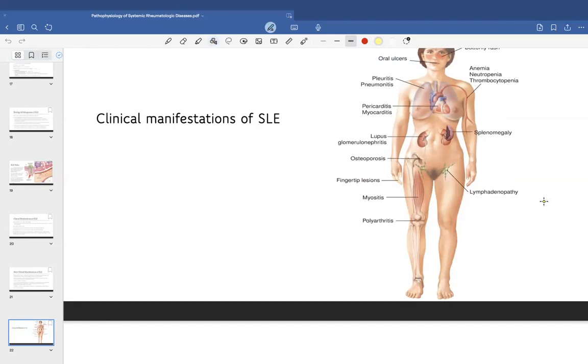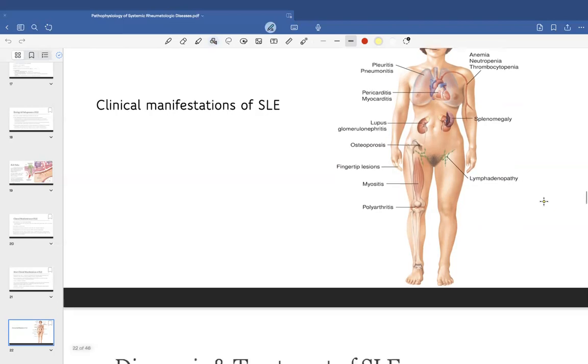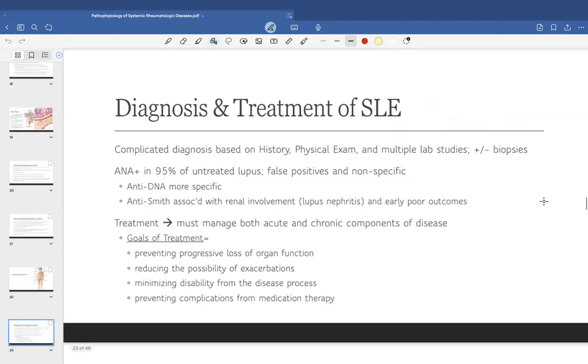Yeah, I was right, so I thought I remembered correctly about the anti-Smith. If you see anti-Smith, you've got to really, really look for that renal involvement. And they tend to have poor outcomes earlier because of the kidney involvement.